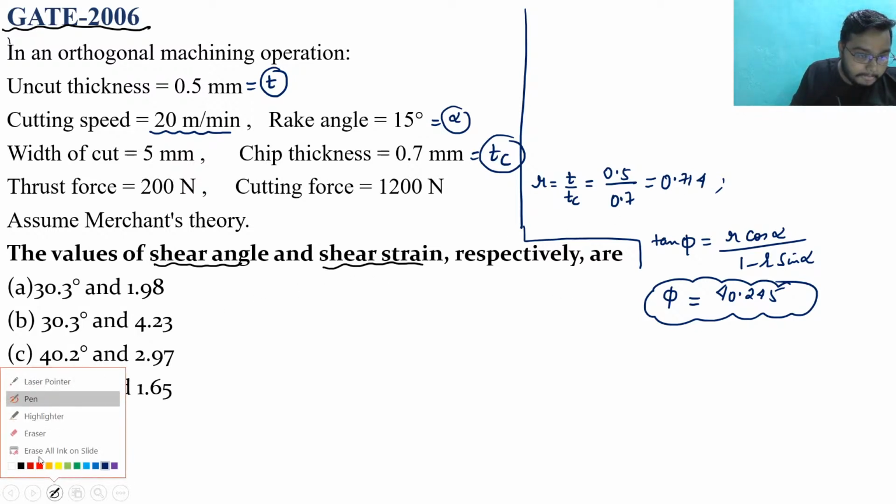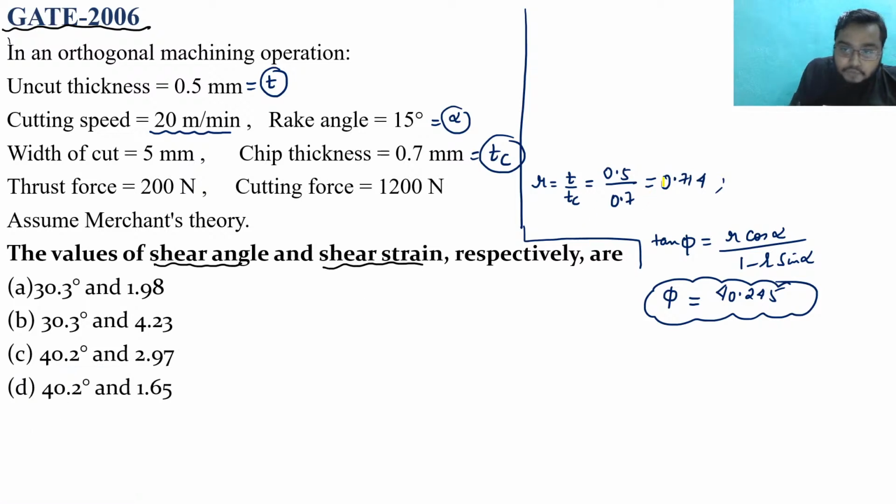See, first I have got the value of R as this, and phi is equal to this. Rake angle is 15. Now it has been mentioned in the question, assume Merchant's theory. So I have to assume Merchant theory.